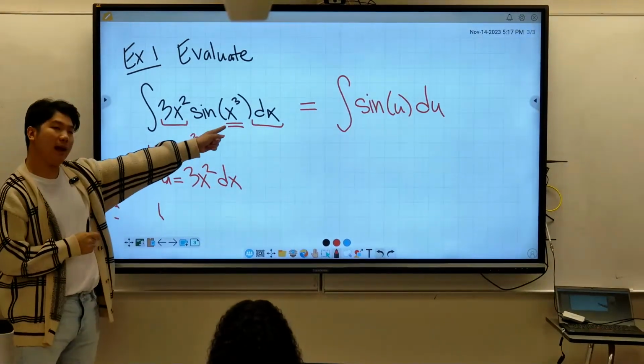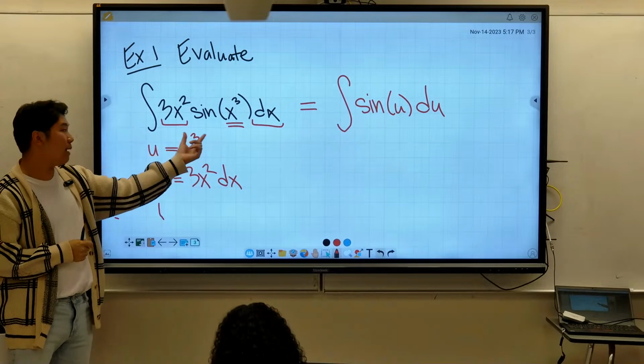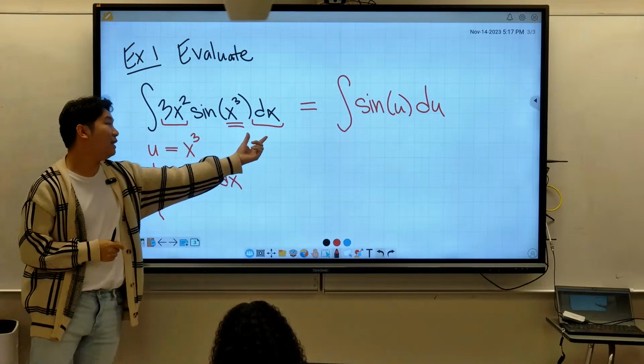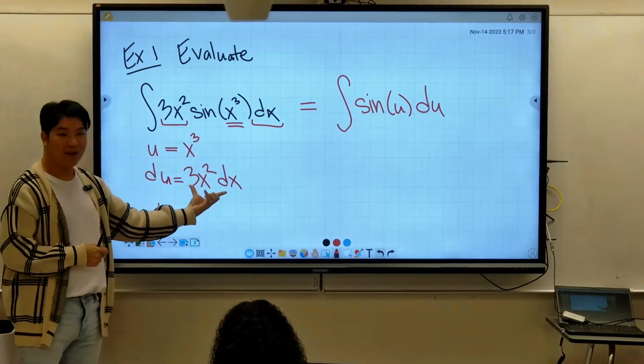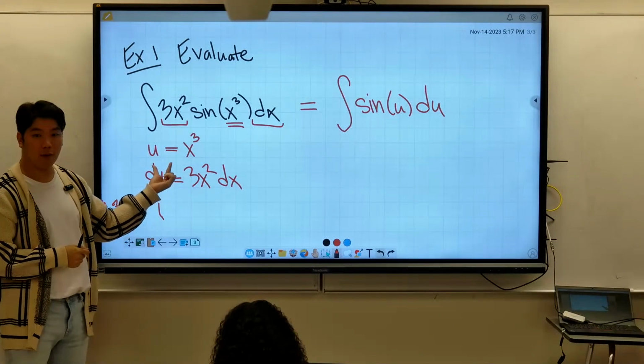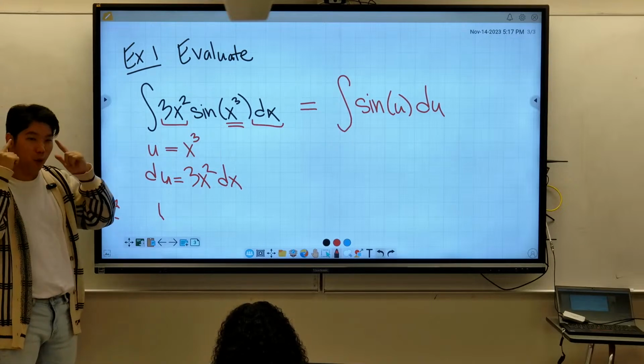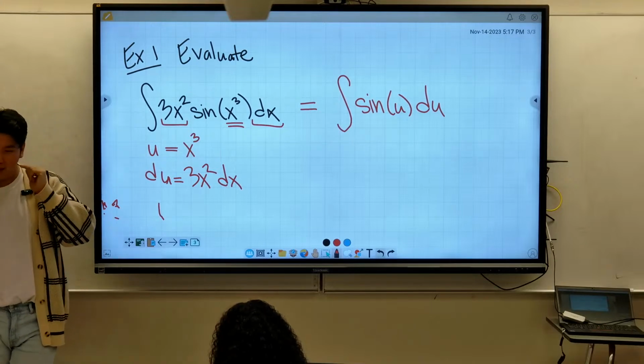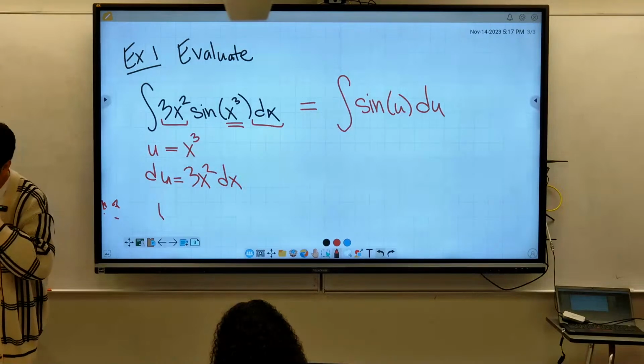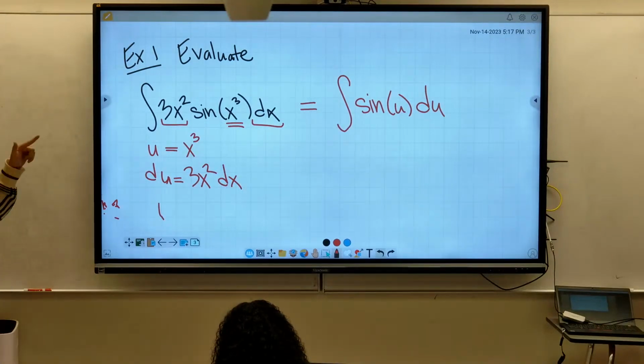So I replaced x cubed with a u, and I saw that 3x squared and dx together, that makes du. So I just replaced them with the du. This is my important step, the big step I'm taking here. So do we see how I got, instead of the original, the integral of sine of u du.